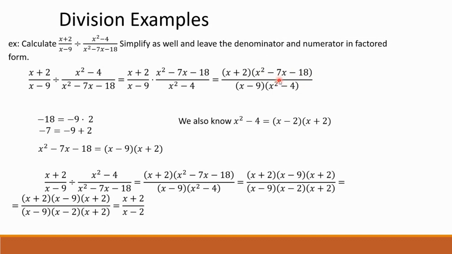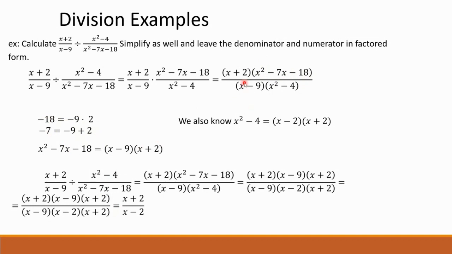So what 2 numbers do that? How about negative 9 and 2? That product is minus 18. The sum is negative 7. So x squared minus 7x minus 18 becomes x minus 9 times x plus 2, because negative 9 and 2 are the numbers we're looking for.